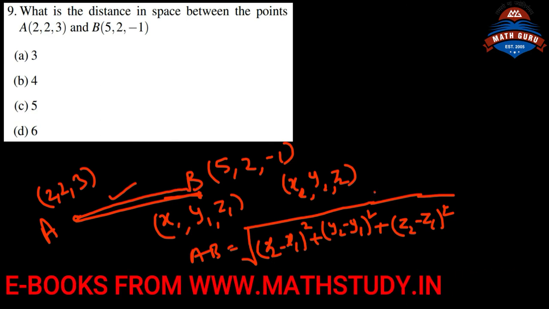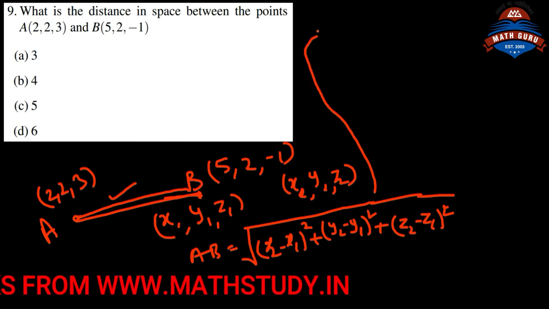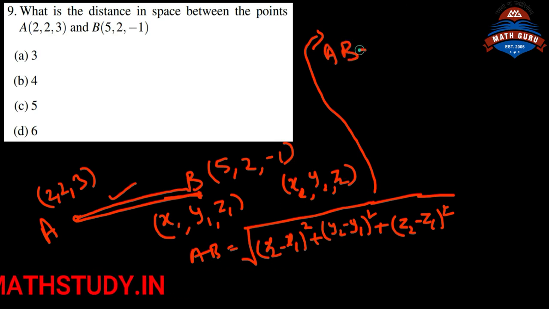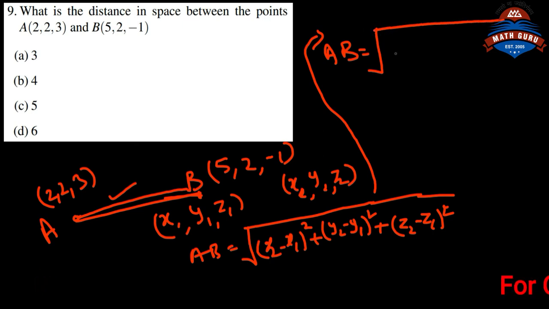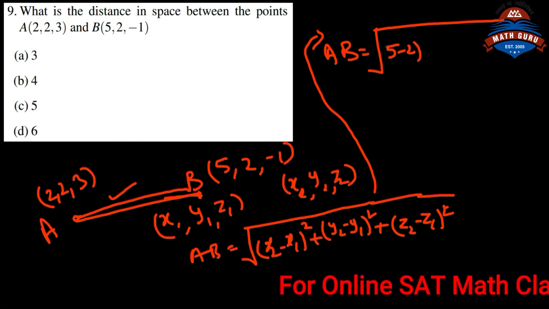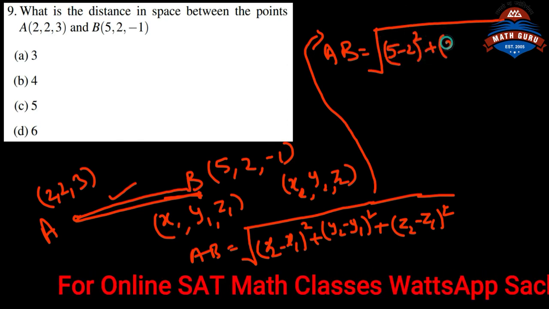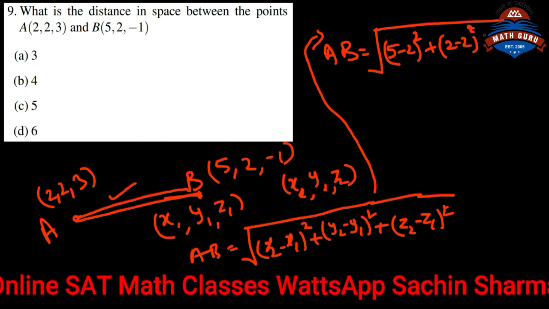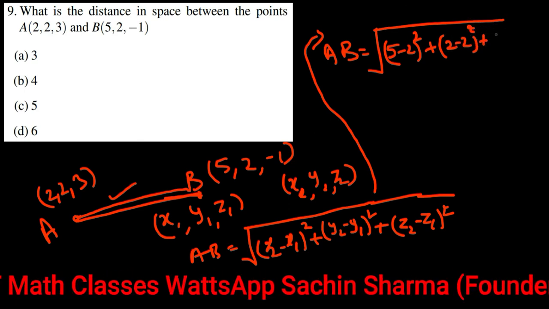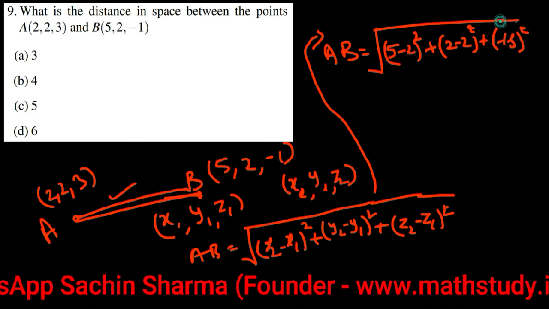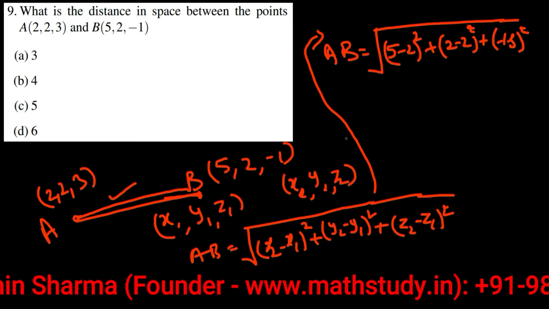Now we just have to input our values here and solve, and we will get our answer. AB equals root over (5 minus 2) whole square plus (2 minus 2) whole square plus (minus 1 minus 3) whole square. Okay, getting the point?